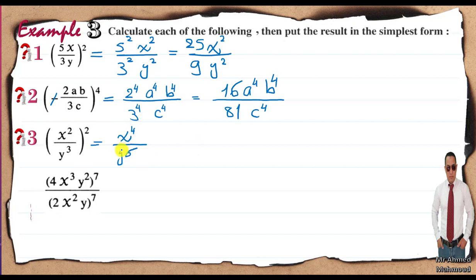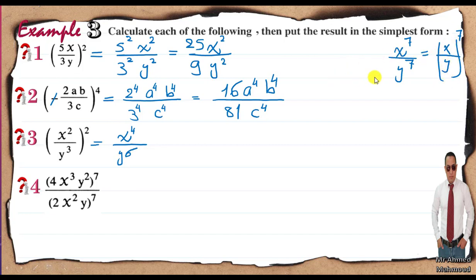Now I have 4x to the power 3, y to the power of 2, and so on, all to the power of 7, and the denominator also all to the power of 7. Okay, I have a remark. If I have x to the power of 7 over y to the power of 7, this is equal to (x over y) all to the power of 7. This is the converse of the distribution rule.